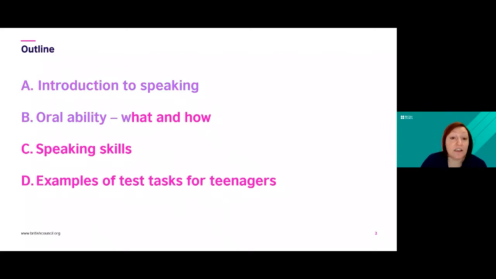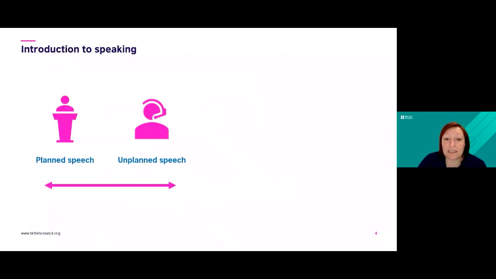So let's start with the introduction to speaking. First, there are 2 types of speaking, 2 ends of the continuum. One is planned speech, one is unplanned speech. These are really important because they're very, very different. At the moment, you can say I'm involved in semi-planned, planned speech. That means that I know what I'm going to say.